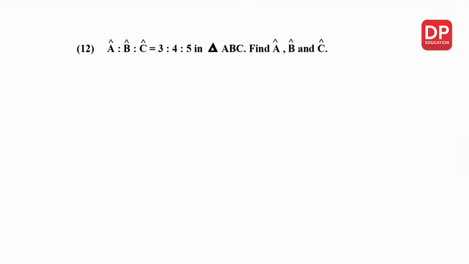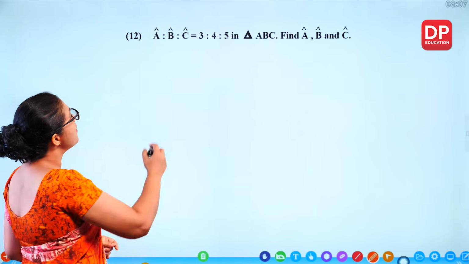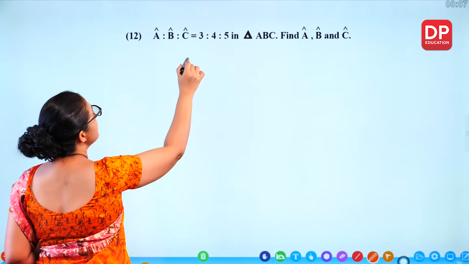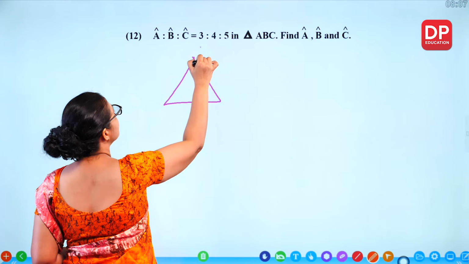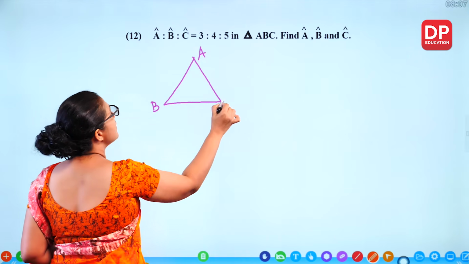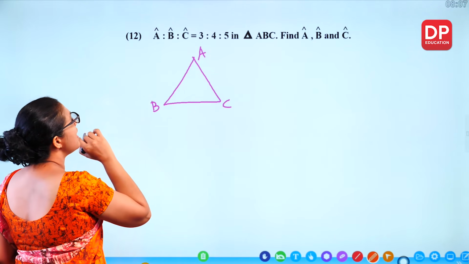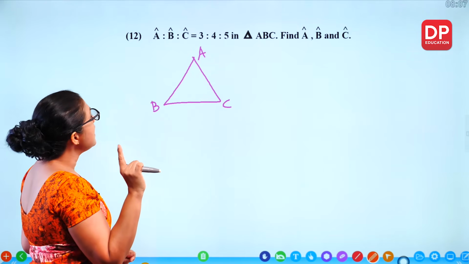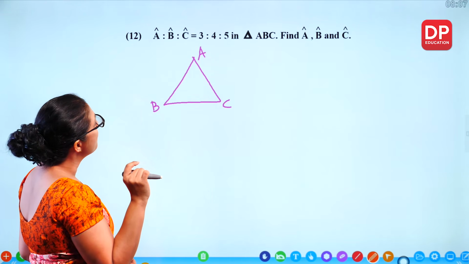Take this one. The ratio between the angles A, B, C is 3 to 4 to 5 in triangle ABC. We'll draw it. ABC triangle is there. A to B to C is 3 to 4 to 5.